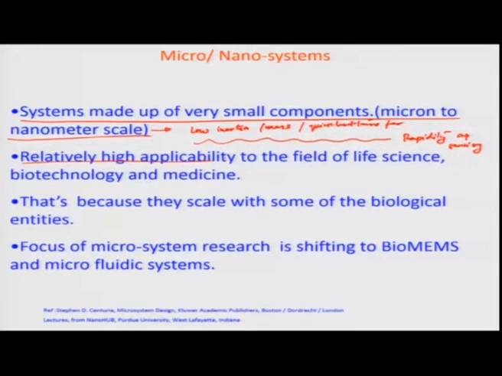There is a relatively high applicability of these sensors to the field of life sciences, diagnostics, medicine, biotechnology, and therefore, there is another term coupled with MEMS, which is also known as bio-MEMS or biological MEMS, which talks about how aspects of the human body and how they are affected through attack from external organisms can quickly be detected using small platforms.